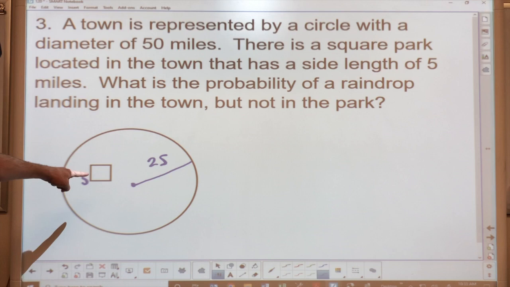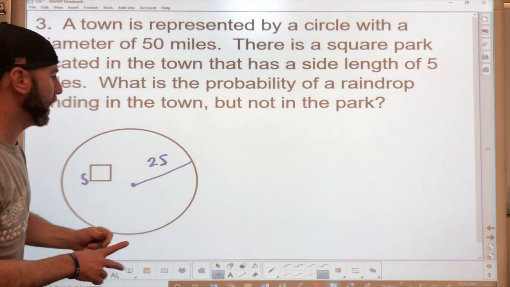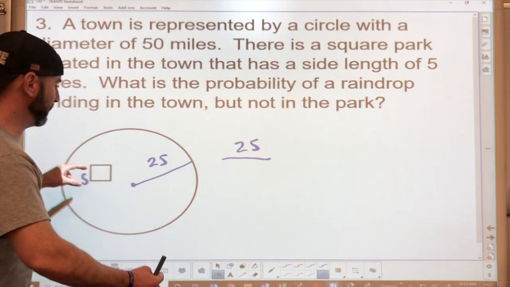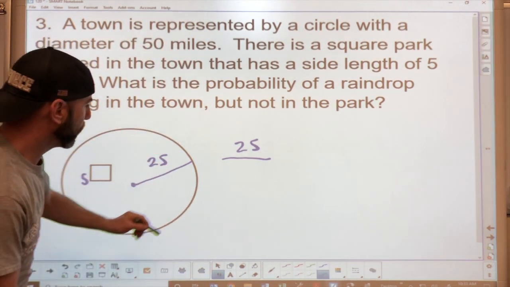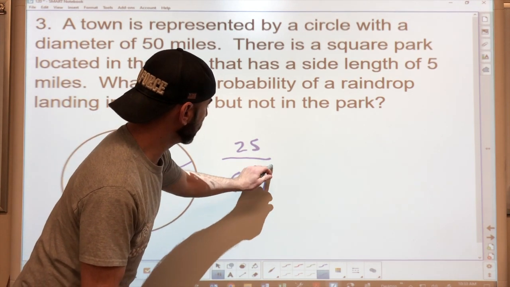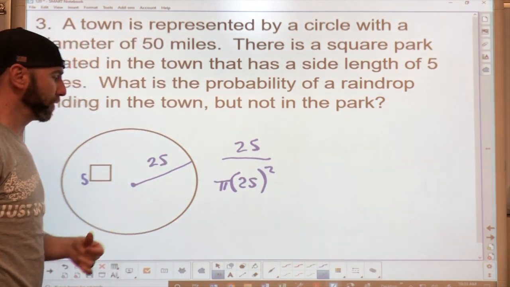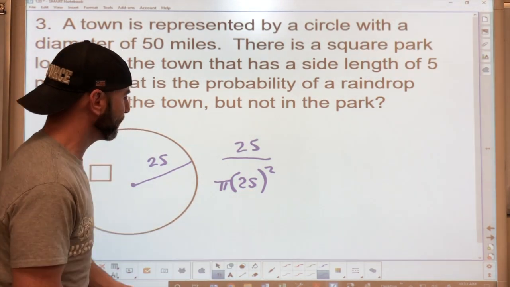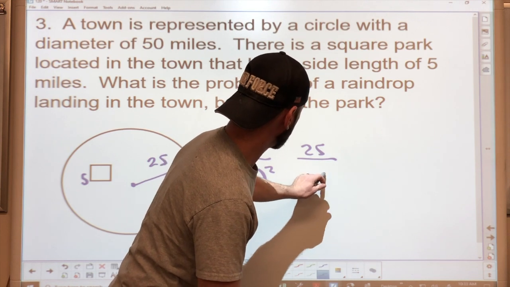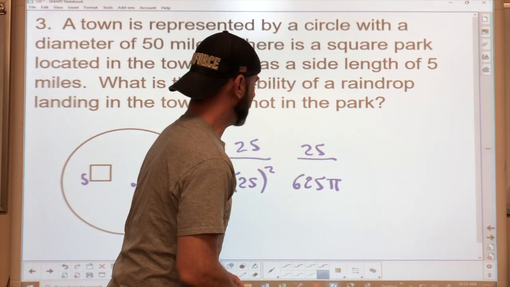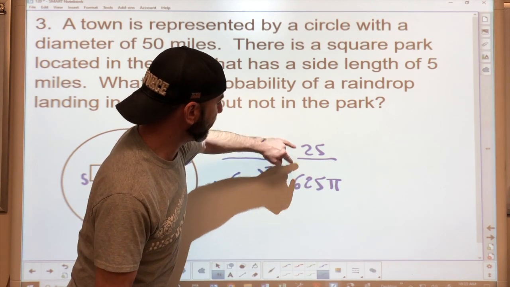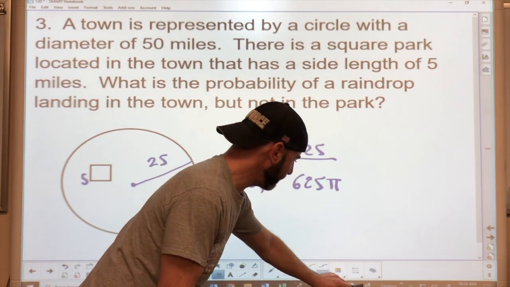So the area of our park is 25 divided by the area of the entire town, which is pi radius squared, due to the fact that the town is a circle. So calculate that. We're going to have 25 over 625 pi. Now, you see how there's no pi to cancel. Let's go ahead and reduce the 25 over 625.